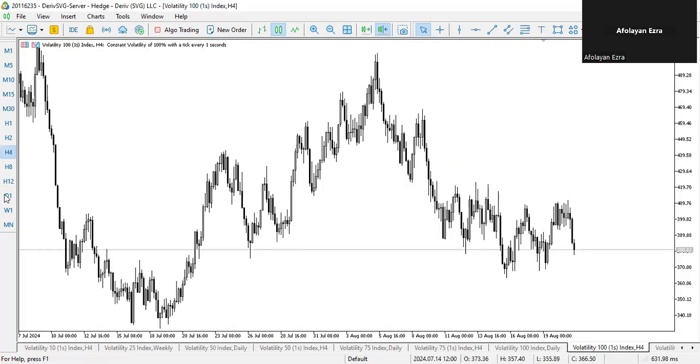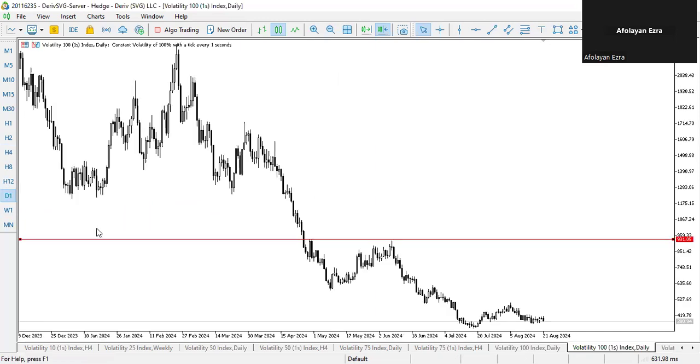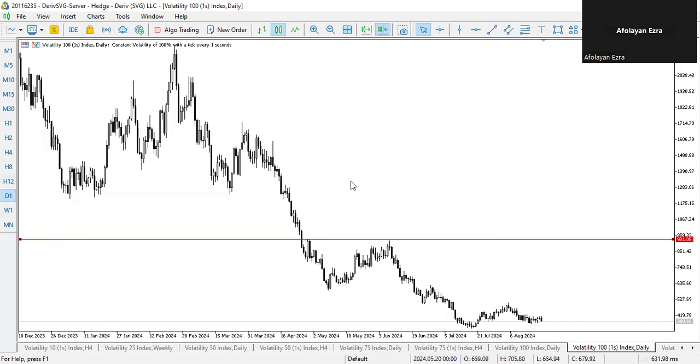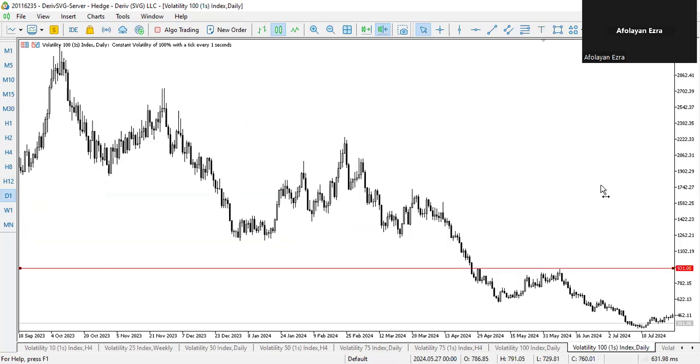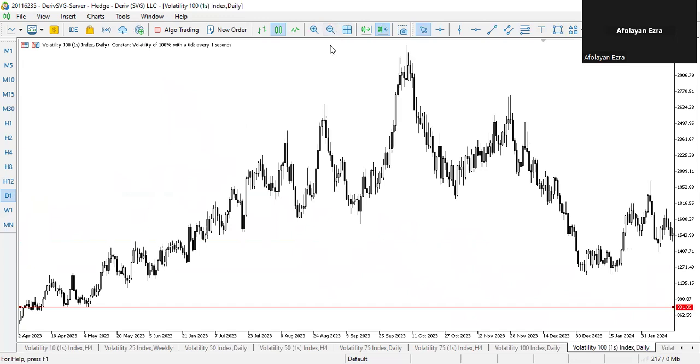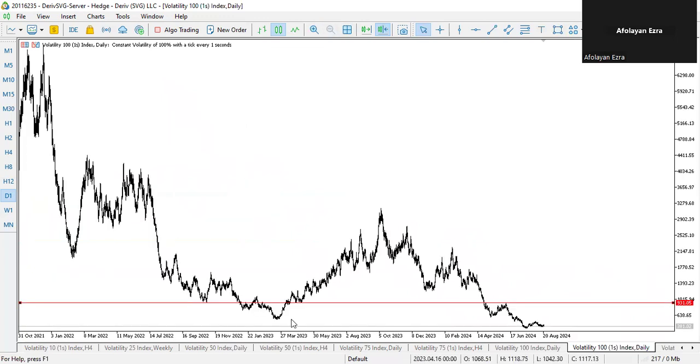So this VIX 100, daily. Weekly is still very much bearish, a serious bearish move. Daily. That's amazing. So daily structure is still very, very far. This leg, kind of, so it's very far.